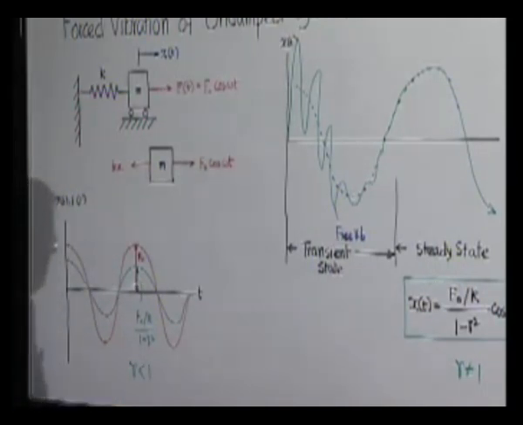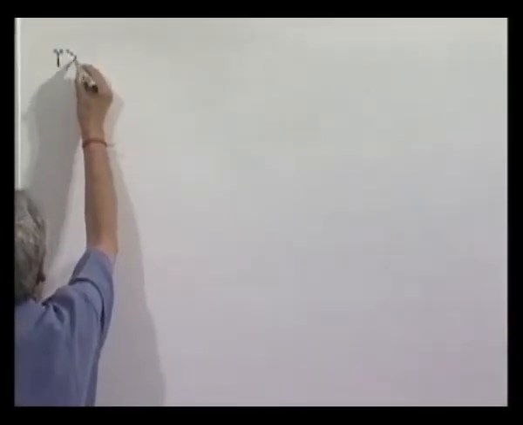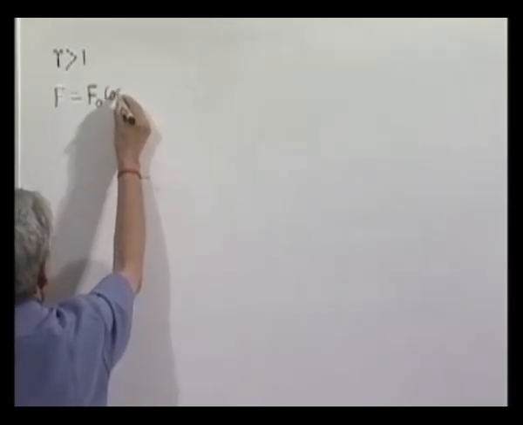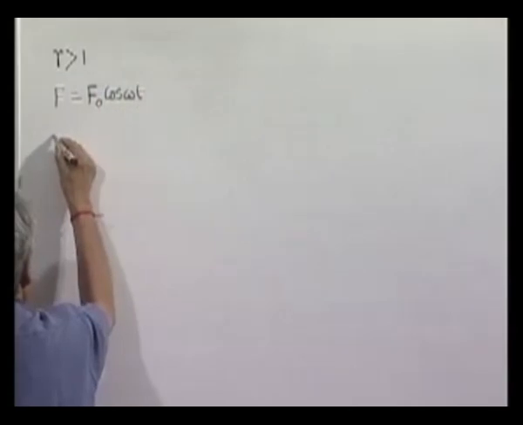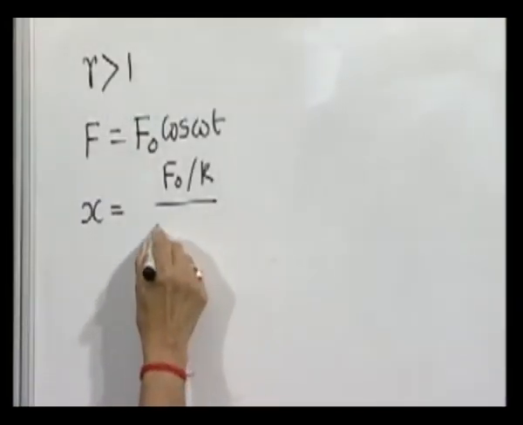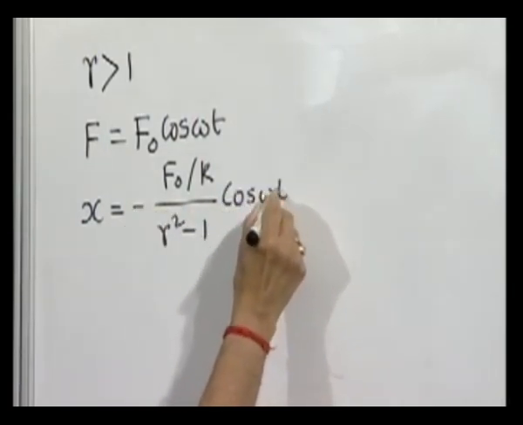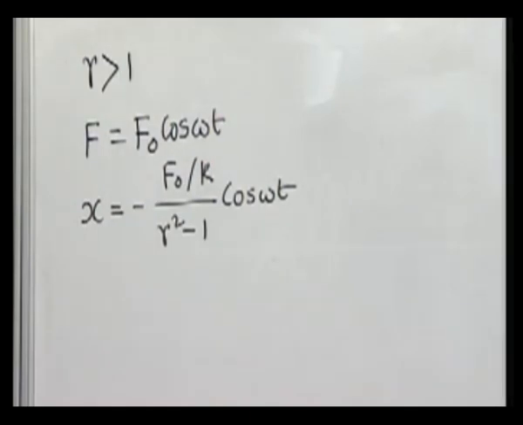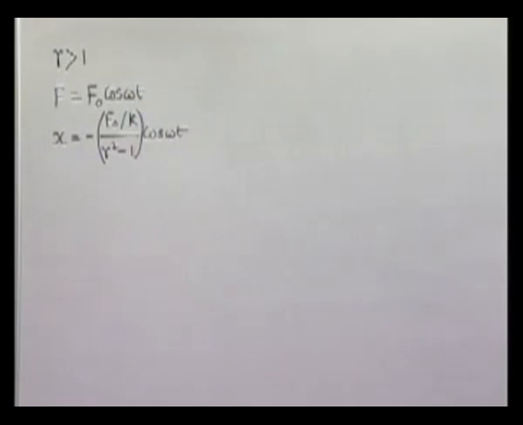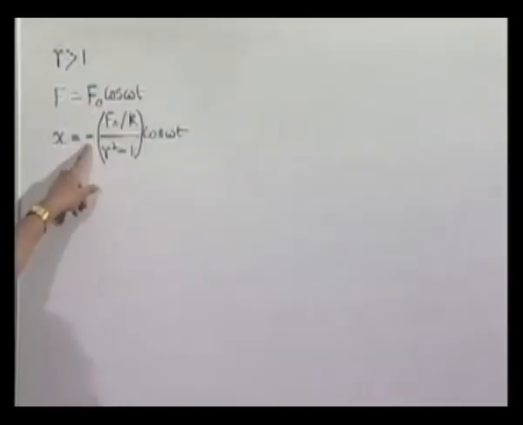When R is more than 1, then what will happen? For this case, x will be like this. I want to keep this always a positive quantity, so we can write this as r square minus 1 and take the minus sign here.